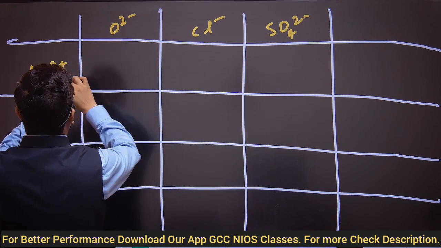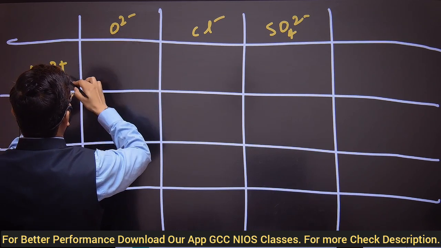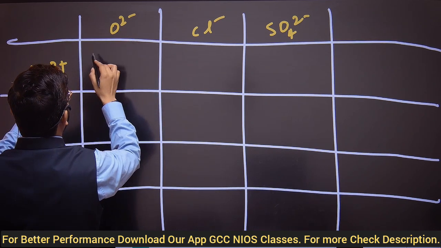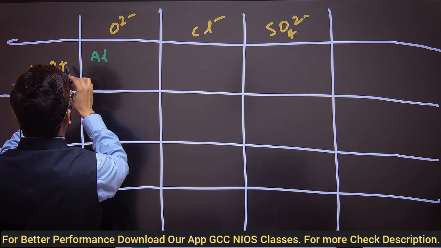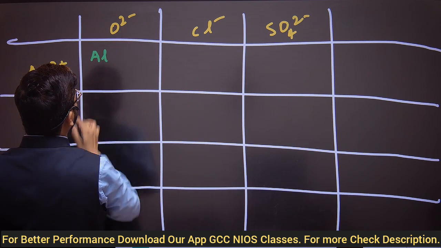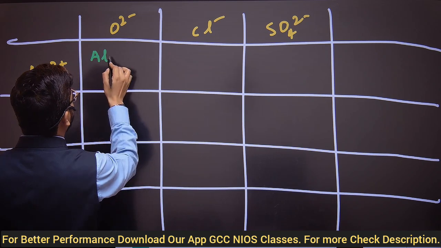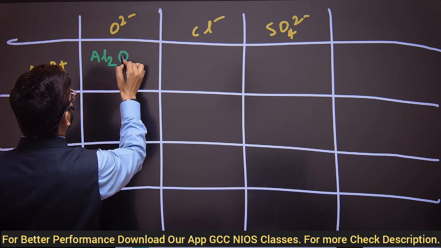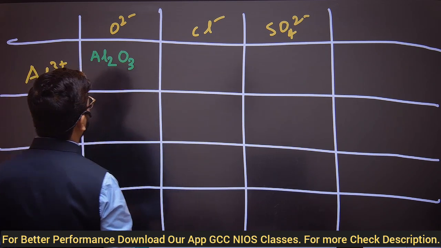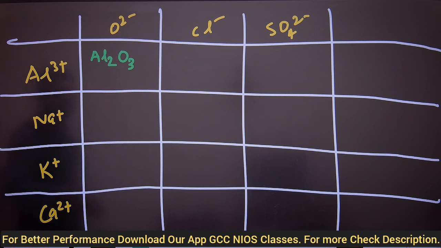This one, Al3 plus with O2 minus, right? In this case, the valency of aluminum is 3 and the valency of oxygen is 2. That means after interchanging their valencies, Al has 2 and O has 3. So Al2O3.